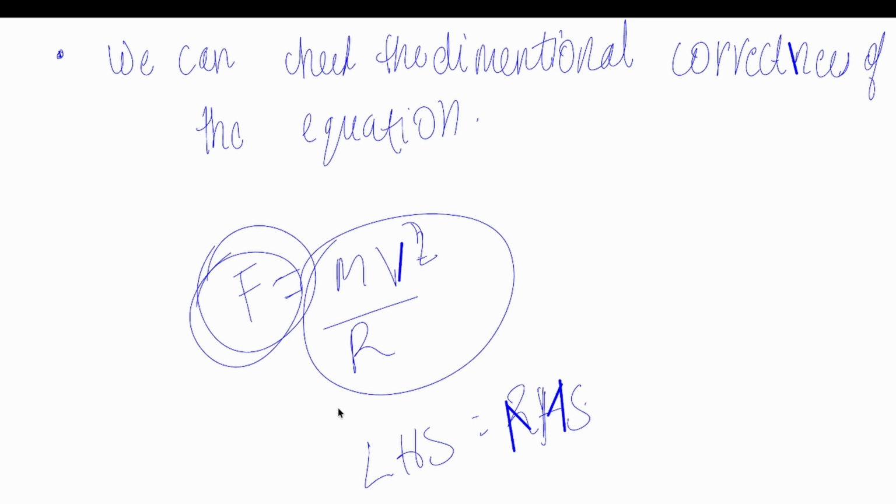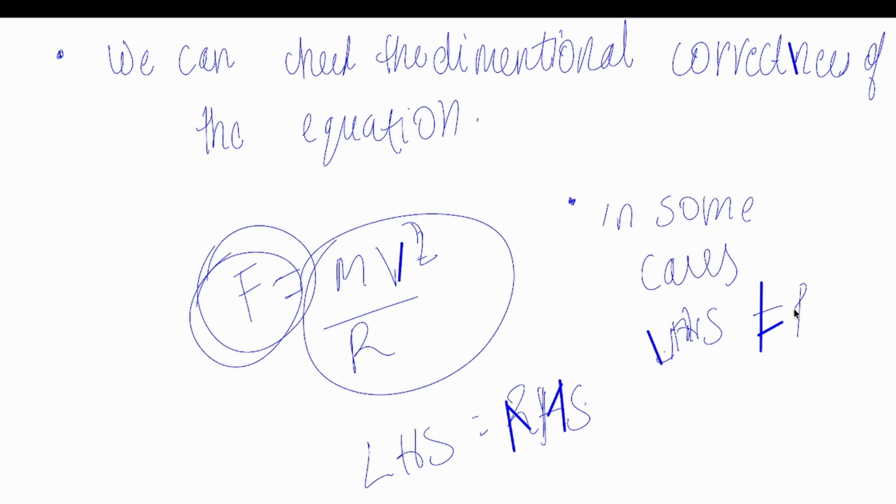So this brings out a relation between the LHS and RHS, and we have to note that in some cases LHS might not be equal to RHS. In the further coming chapters, as we write the dimensional formulas for the formulas in that chapter, we'll come to know.